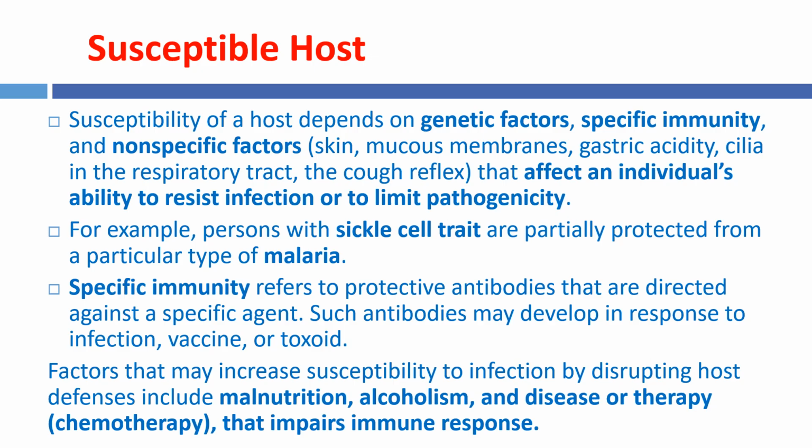Such antibodies may develop in response to either infection or vaccination or getting exposed to toxoids. Factors that may increase susceptibility to infection by disrupting host defenses include malnutrition, alcoholism, and disease or therapy that may impair the non-specific immune response, like chemotherapy.